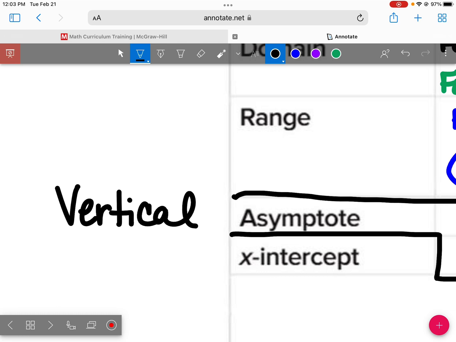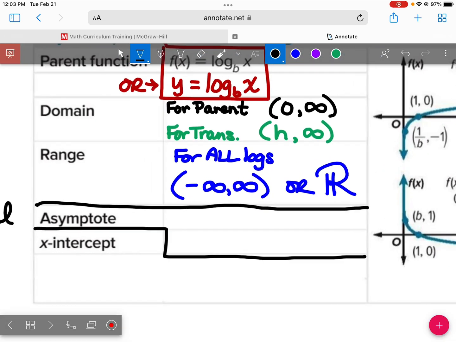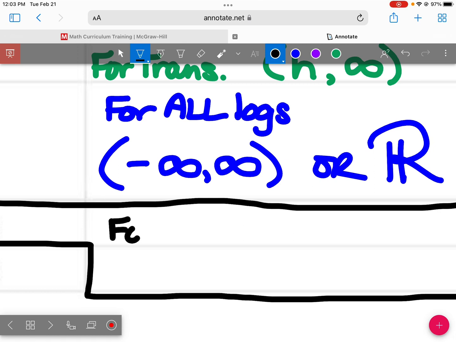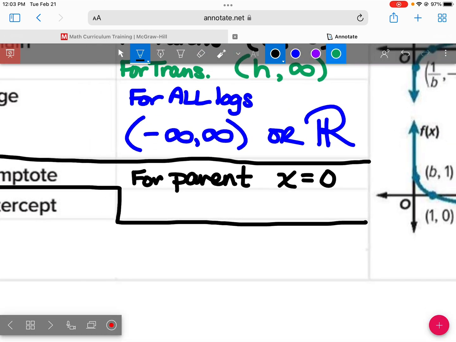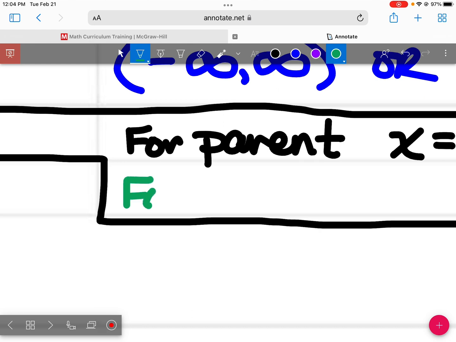So it goes this way. What is the vertical asymptote for the parent? This is another one that we wrote down on the front page. X equals 0 for the parent. For transformations, that would be what? X equals h.